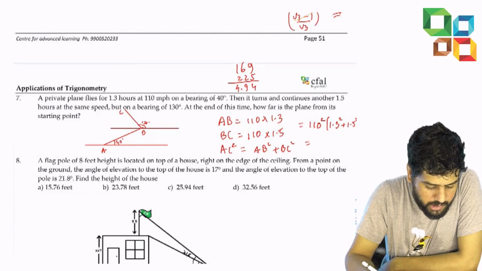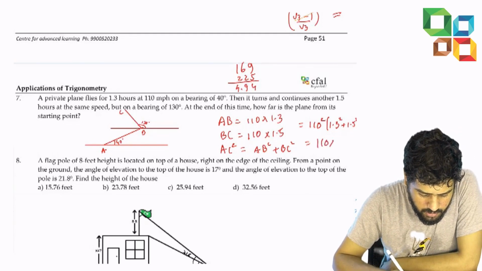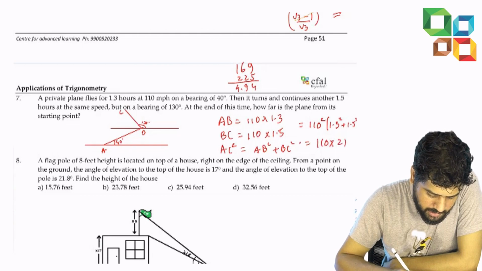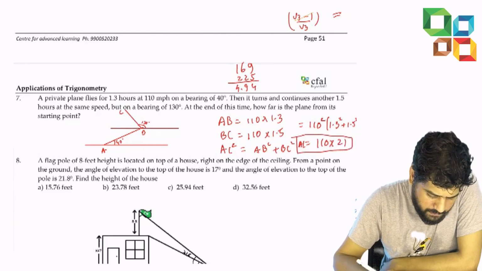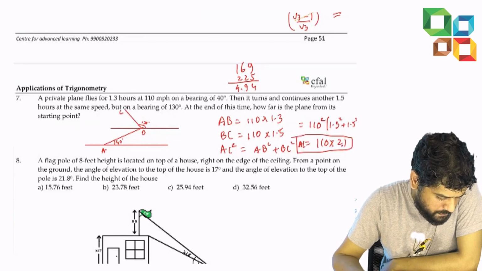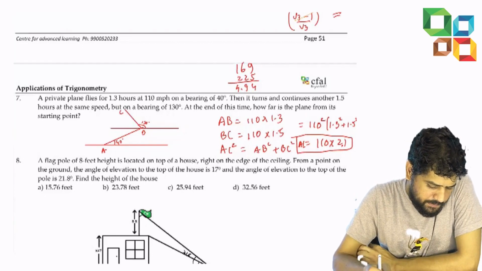Maybe 2.1, 2.2, somewhere around that. So 110 into 2.1, that is AC. So that will be your length.